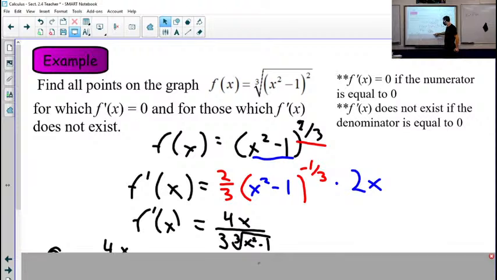So to rewrite that, negative 1/3, that means it goes to the bottom as in a cube root. Here's a 2 times 2 on the top is 4x, and then this 3 on the bottom is still on the bottom.